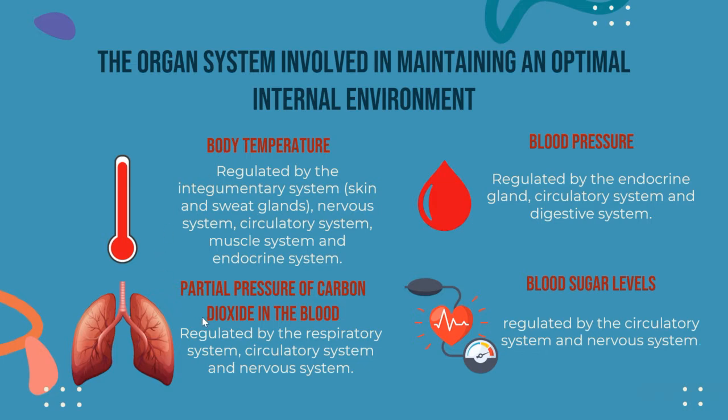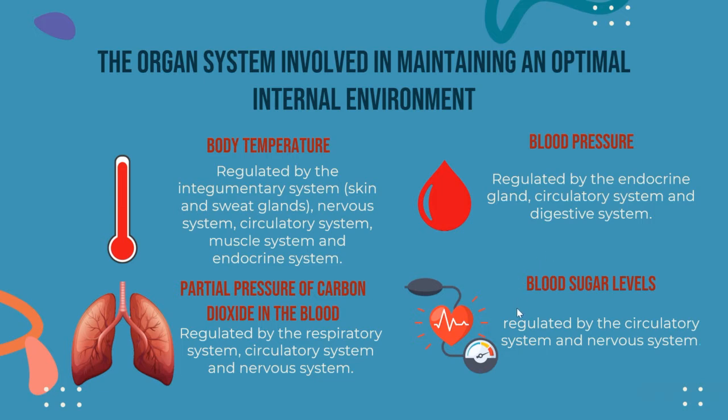In maintaining the partial pressure of carbon dioxide in the blood, it is regulated by the respiratory system, and also the circulatory system and nervous system. For blood pressure, the organ systems involved are the endocrine gland, the circulatory system and the digestive system.